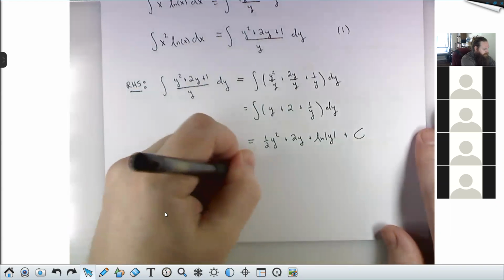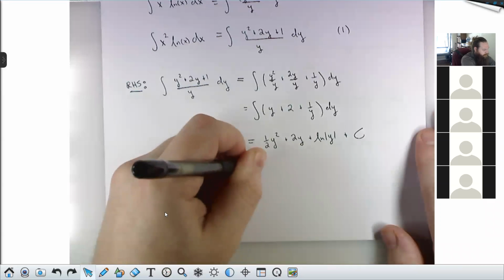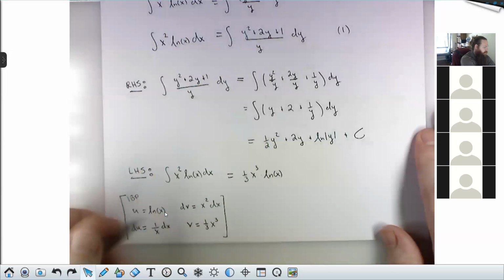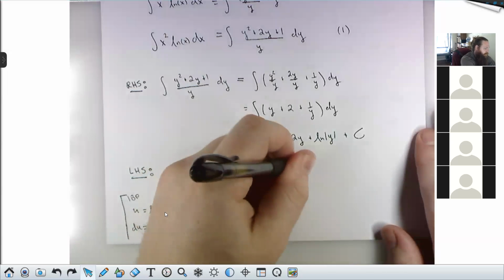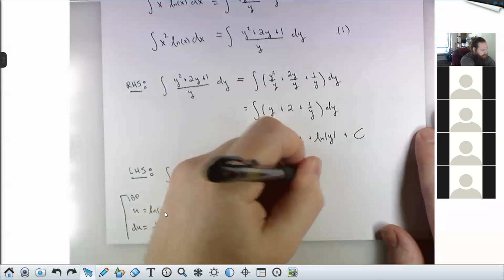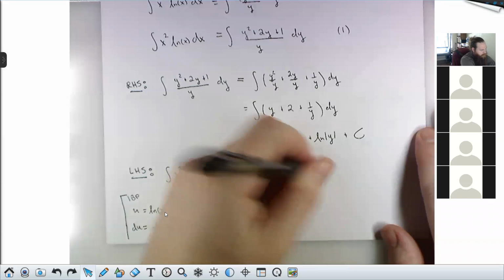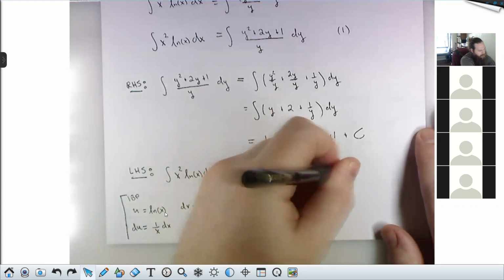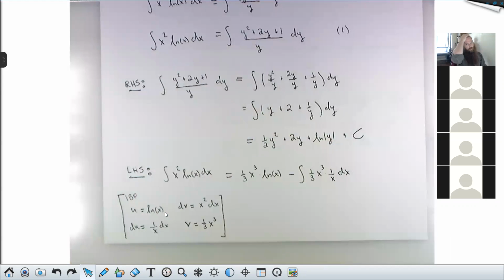I'll write the polynomial piece out front because it looks better. u times v minus the integral of v du. So that's what I get when I use my integration by parts formula. And now we've reduced the problem to evaluating this integral. How do I do this integral?